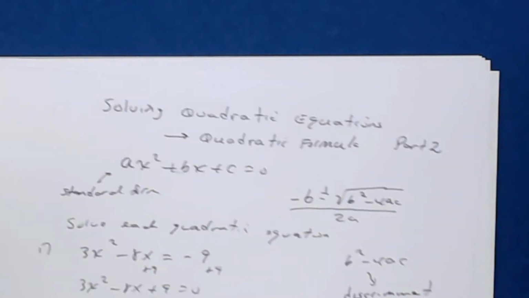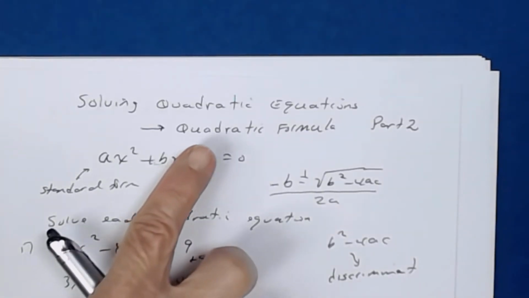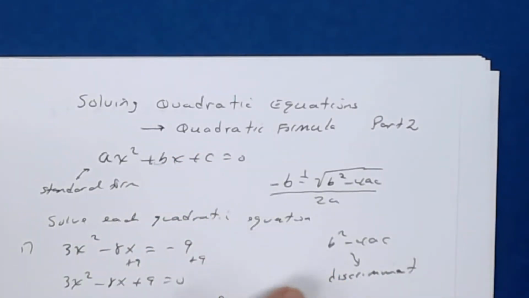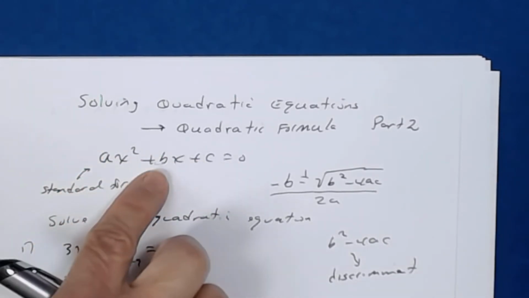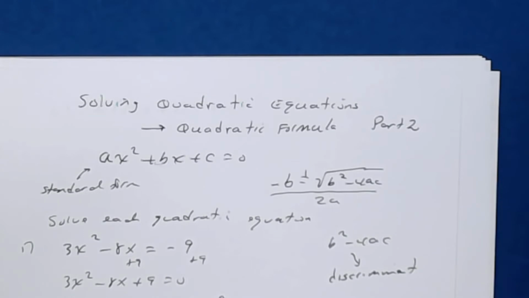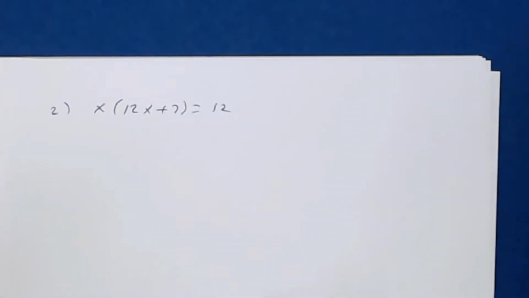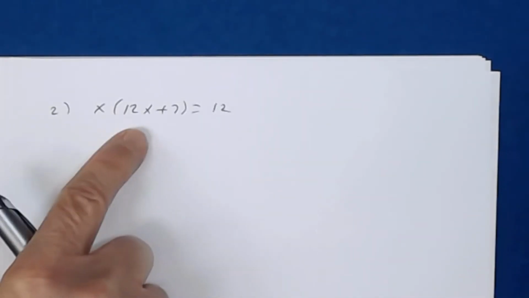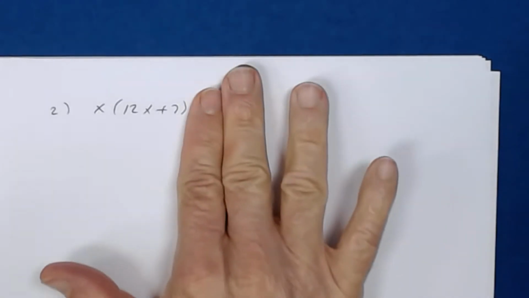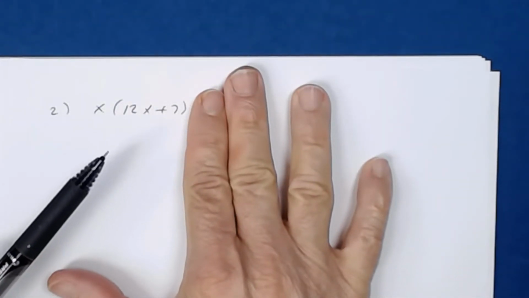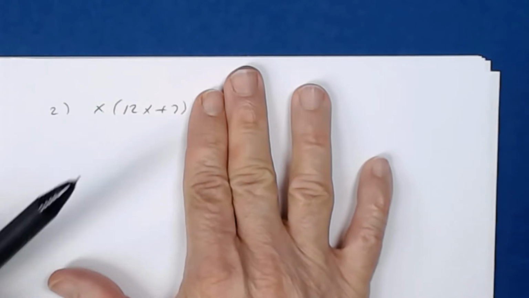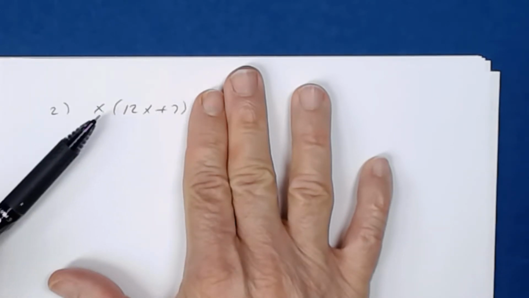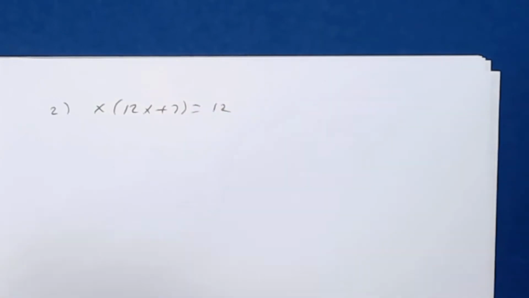Remember, when solving a quadratic equation using the quadratic formula, or even factoring, it has to be in standard form, so it has to look like ax squared plus bx plus c equals 0. In this case, it doesn't look like that. But in a previous lesson, when you saw this, your first inclination was to use the distributive property, right? So let's go ahead and do that.